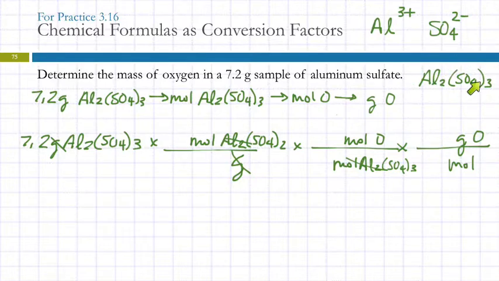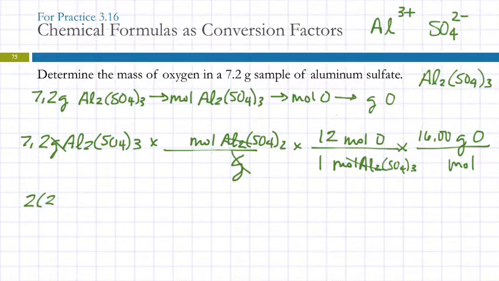So we have a total of 12 atoms of oxygen in one formula unit, or 12 moles of oxygen in 1 mole of formula units. So 12 moles of oxygen per 1 mole of aluminum sulfate. This is the molar mass of aluminum sulfate. This is the molar mass of oxygen. I'm going to do this one first because it's a lot easier. That's 16.00. The other one I have to calculate.